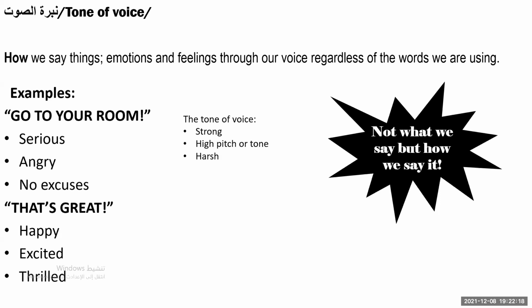She was harsh when talking to them, okay? So basically, her tone of voice reveals how she feels at that moment. There is no need to say she's angry or upset. Her tone reveals everything.